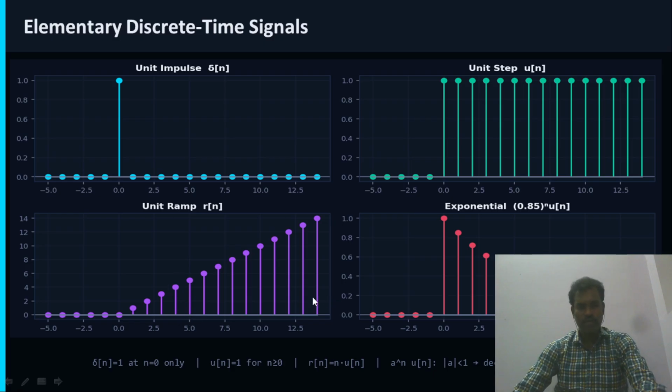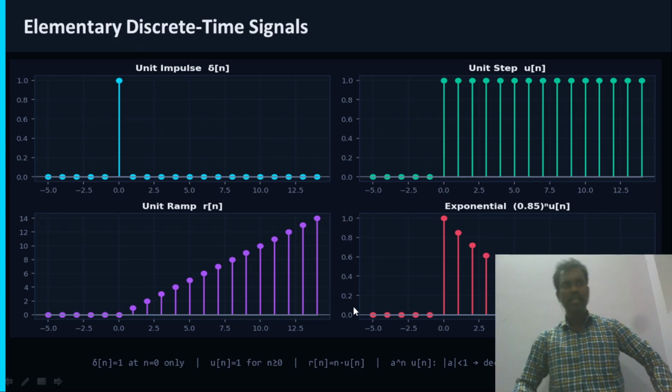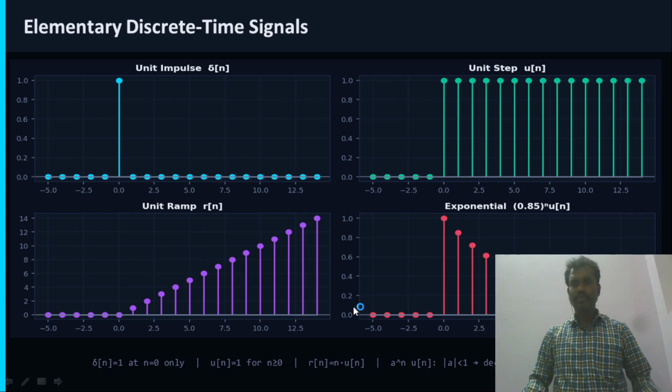From 0 to infinity it varies linearly, and for the negative side it is 0. Likewise, r of n is equal to n for n greater than or equal to 0. And the exponential sequence: what is this exponential sequence? a power n into u of n.